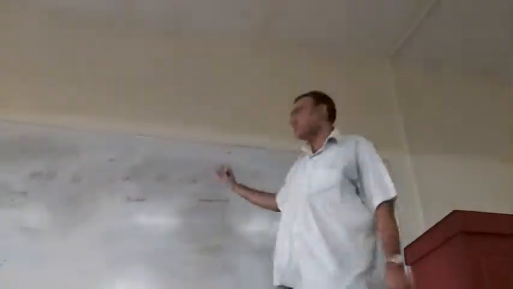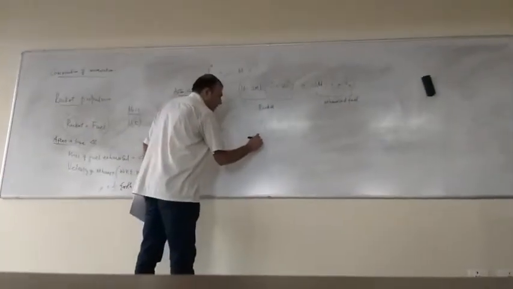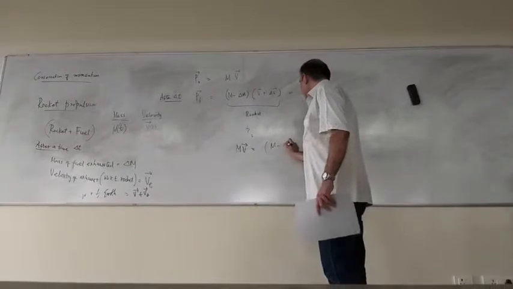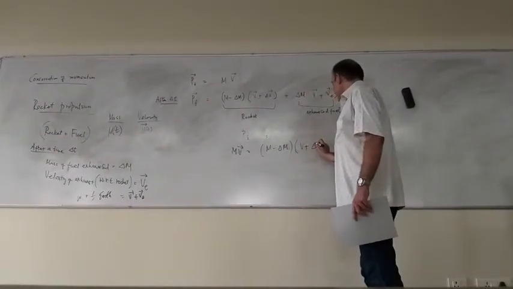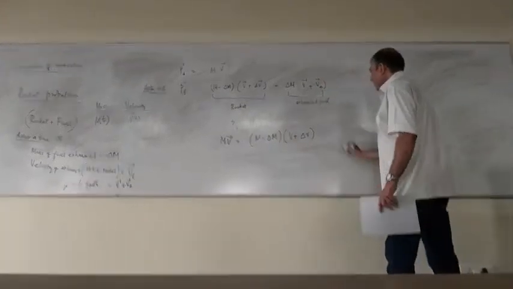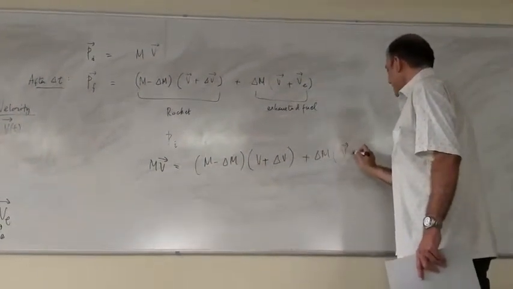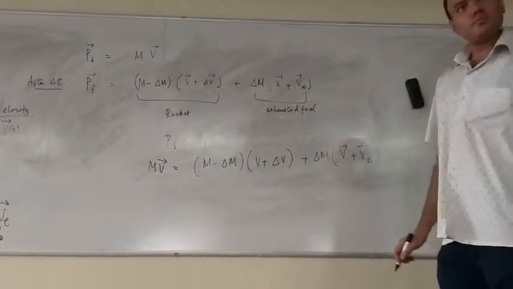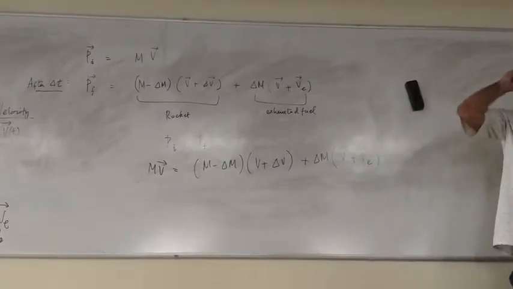So equate that: M times v is equal to M minus delta m times v plus delta v, plus delta m times v minus Ve.